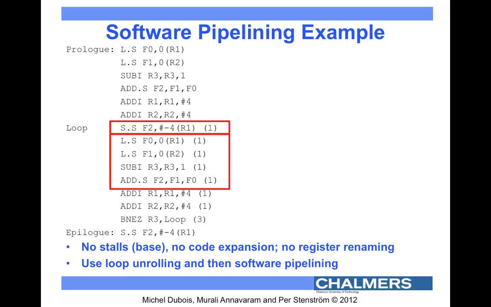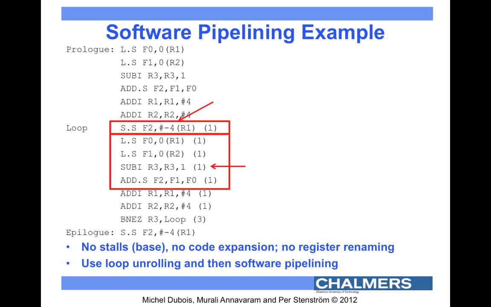What we have added to the loop instead is the store operation of the previous iteration. That is shown by using a displacement of -4 instead. Then we of course do some code motion here. So we put the subtraction instruction of the loop index in between the loads and the add to increase the distance.